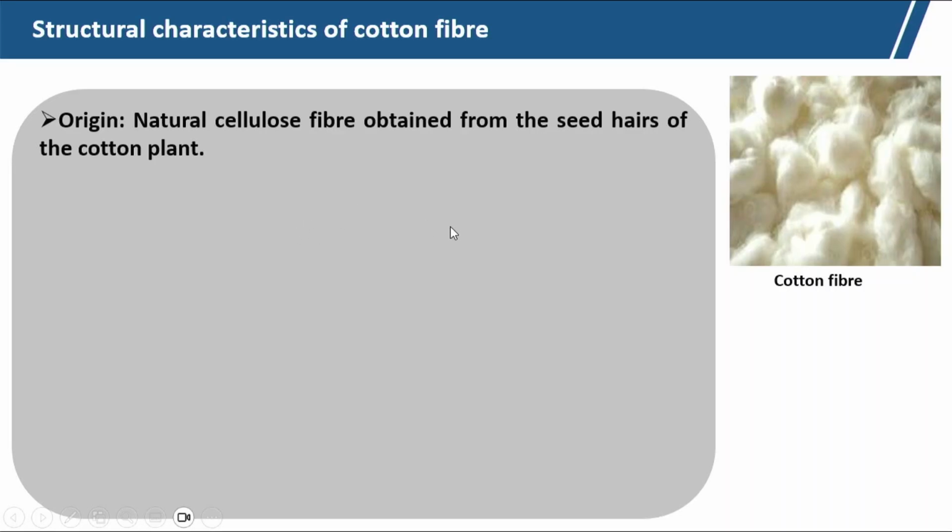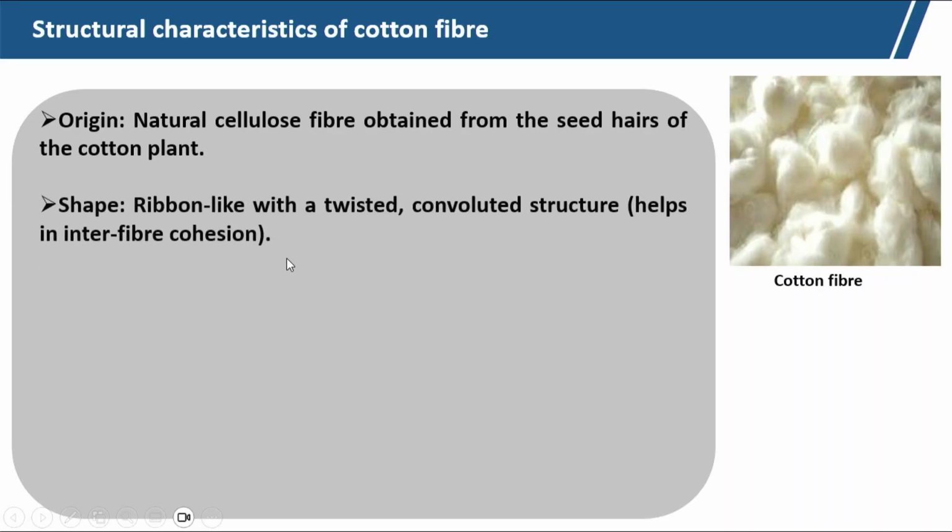So, natural cellulose in a certain orientation, and we obtain it from the cotton plant, and it is ribbon like and twisted, that is, convolution is there.